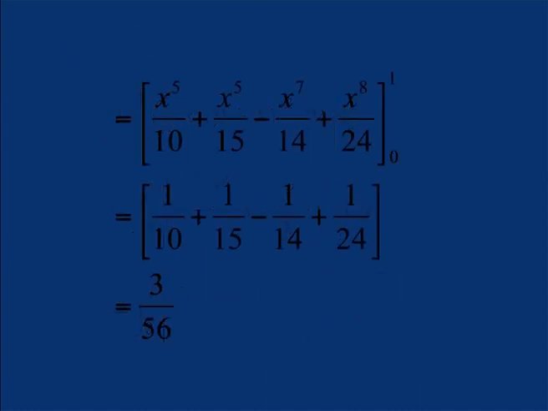So, we find x⁵/10 + x⁵/15 − x⁷/14 + x⁸/24 from the limit 0 to 1.